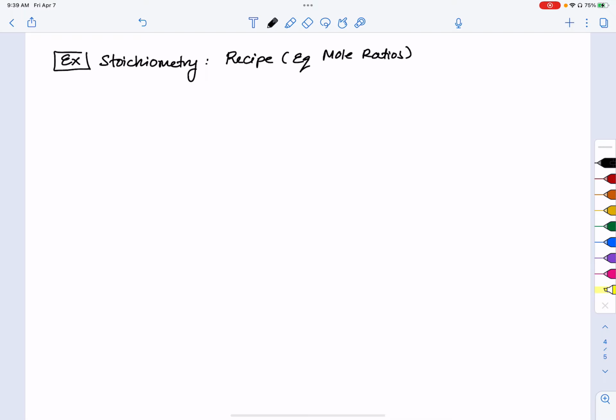Another example to liken what's going on in stoichiometry to this kind of cooking or baking analogy of the recipe, which is our equation and mole ratios, versus the pantry, which is our actual lab quantities, is baking.